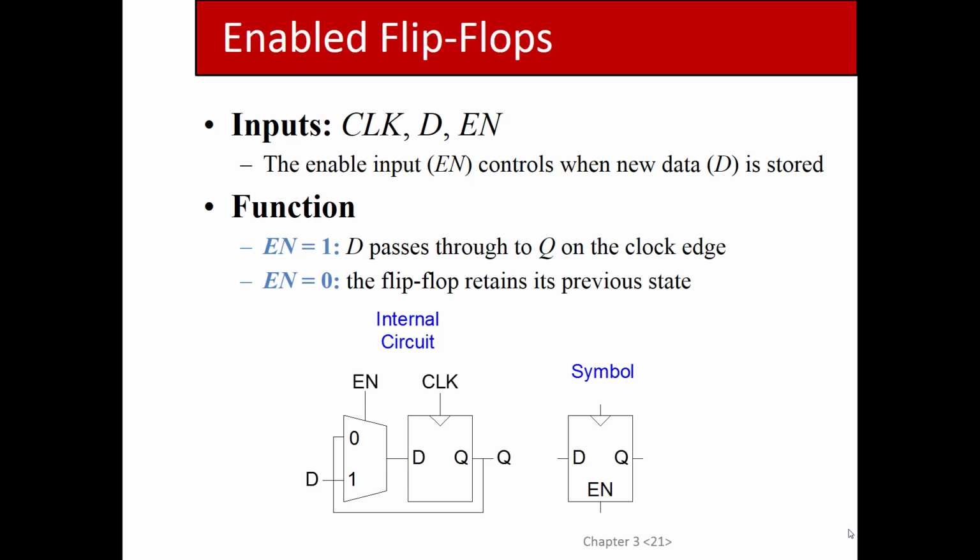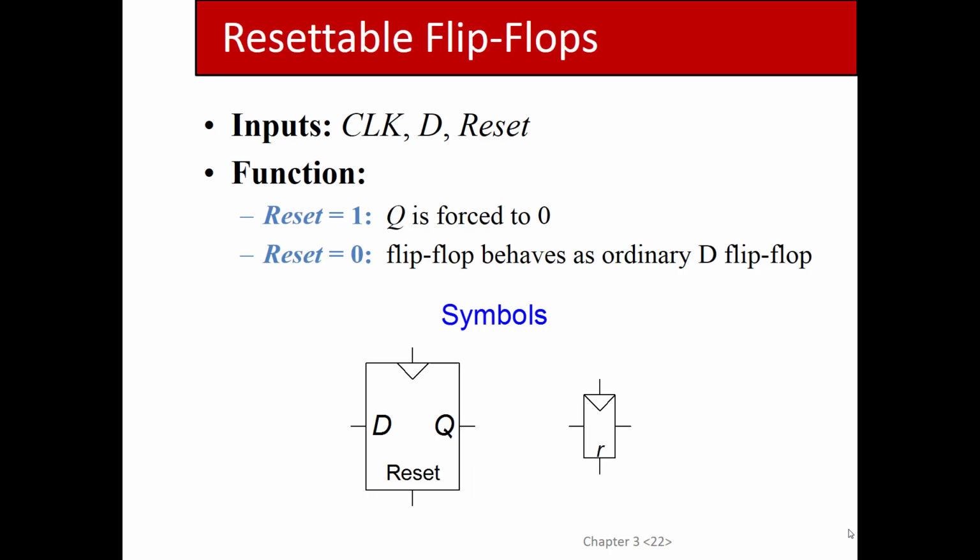There's also a reset input sometimes you see on flip-flops or registers. And the reset is actually pretty common. And usually there's a reset whether you see it or not. A lot of times it's just assumed that all your flip-flops and registers are connected to a global reset. The reset is generally a way to initialize all your registers to 0.